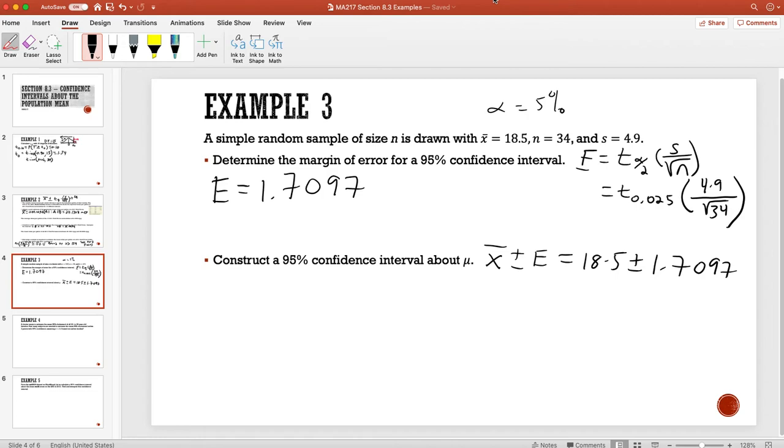So the lower bound of that was going to be 16.7903, while the upper bound was going to be 20.2097.